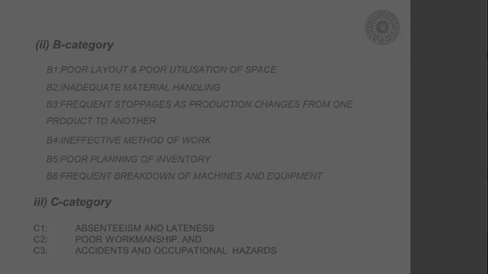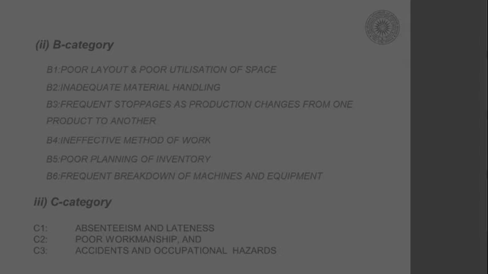B2 category is inadequate material handling. As I told, instead of picking up, lifting, or moving the material manually, if we are using material handling equipment, maybe automated, semi-automated, or mechanized, they fall under the B2 category.